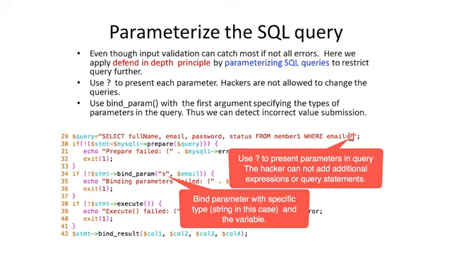On line 34, we see bind underscore parameter to bind a string type to the variable, because the $email variable is a string type. On line 42, we bind underscore the result using this function to return 4 variables corresponding to very specific columns which we would like to return from the response web page.